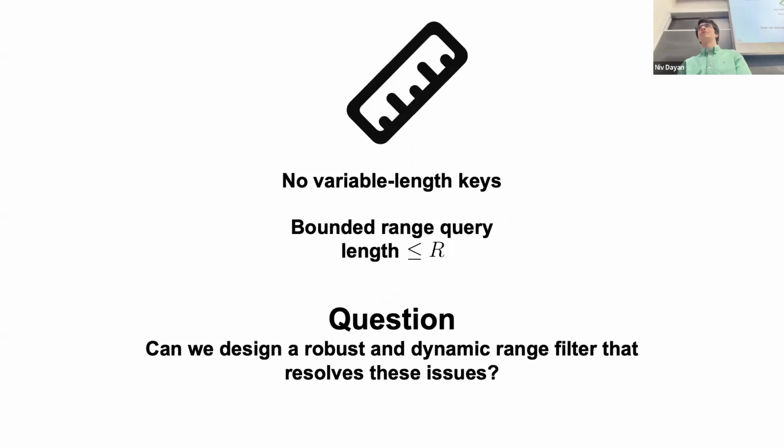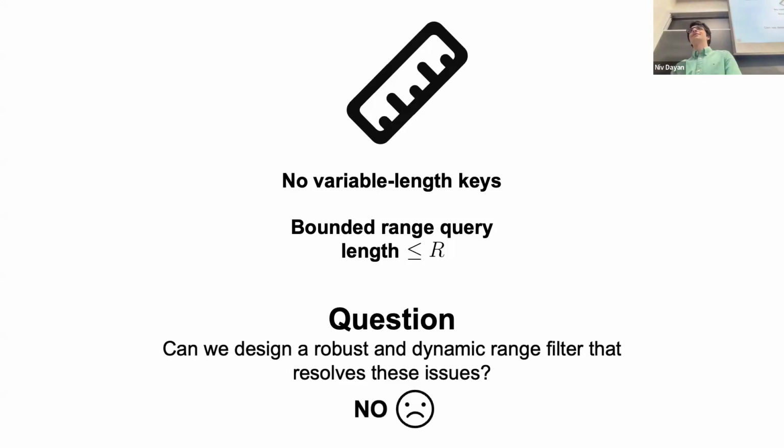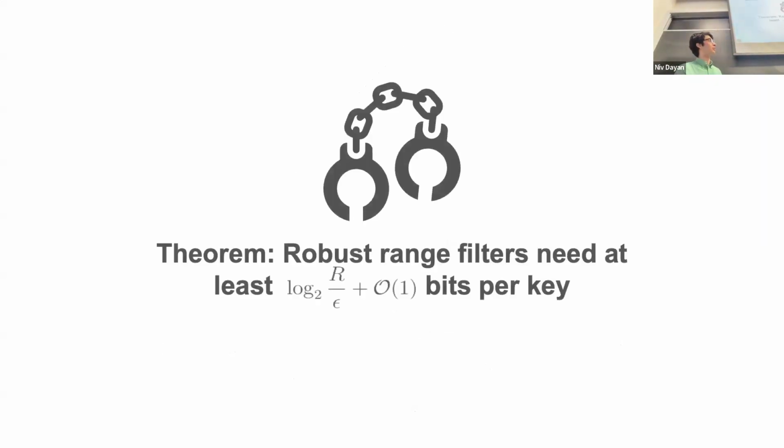And interestingly, the answer is no. The reason for this is actually the theory paper that Neve mentioned at the very beginning. So they prove that if you want to design a robust range filter, then you need at least log of R over epsilon plus some constant number of bits per key in terms of memory. Okay.